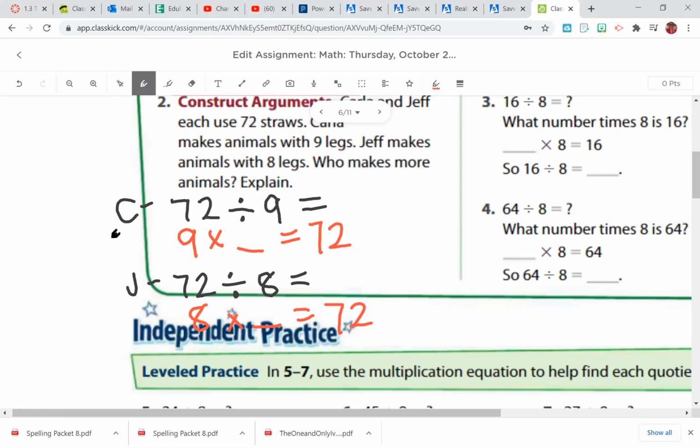You can use the hand trick to help you by putting down 9, by having 7 on one side and 2 on the other. You'll see that you put the 8th one down. So your missing number here is 8, so they can make 8 spiders. Carla can make 8 spiders.